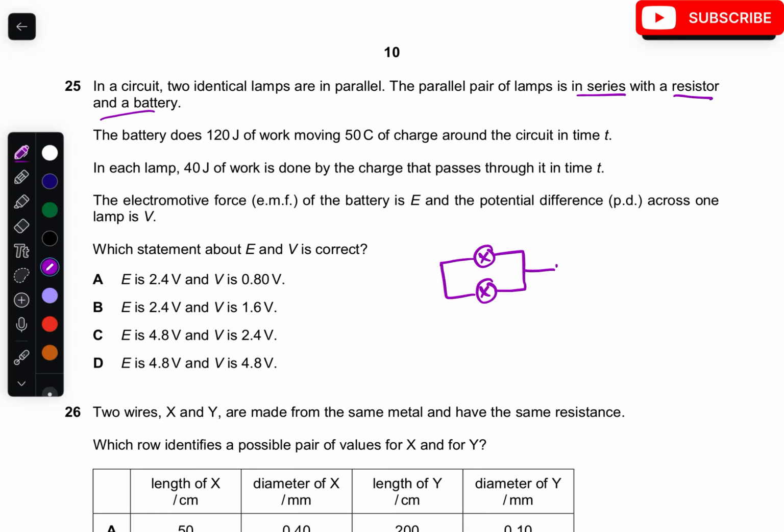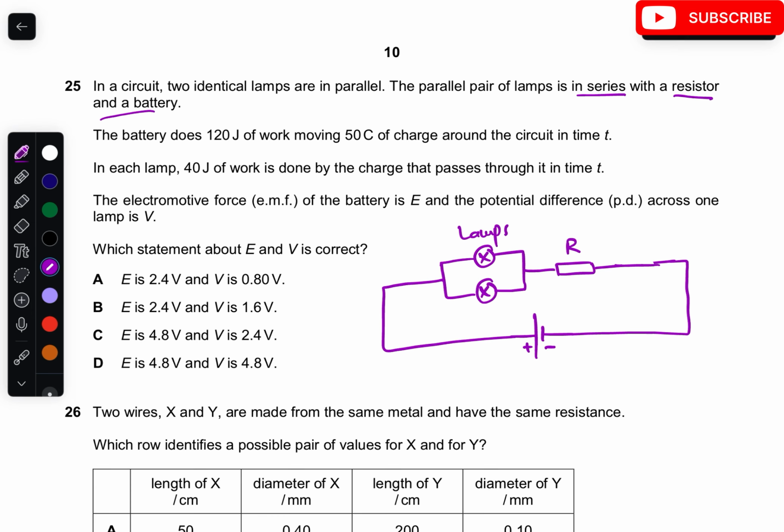So there should be a resistor and a battery. This is the complete circuit that we have. Let's make the battery here, it will not make any difference wherever you make it. So this is a battery, and there is a resistance R. These are the lamps.